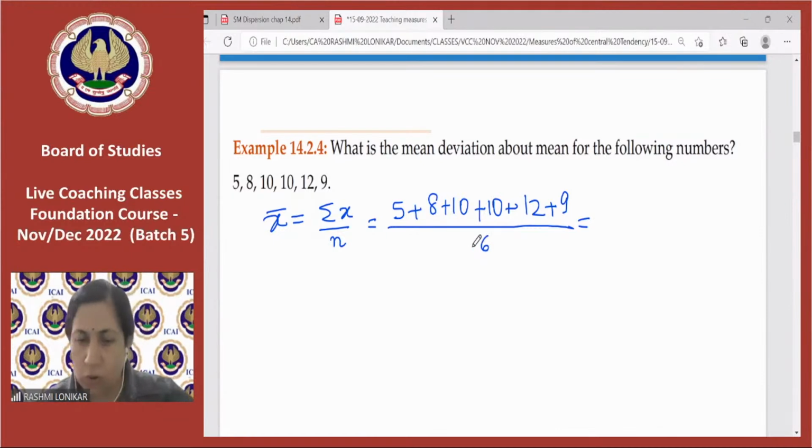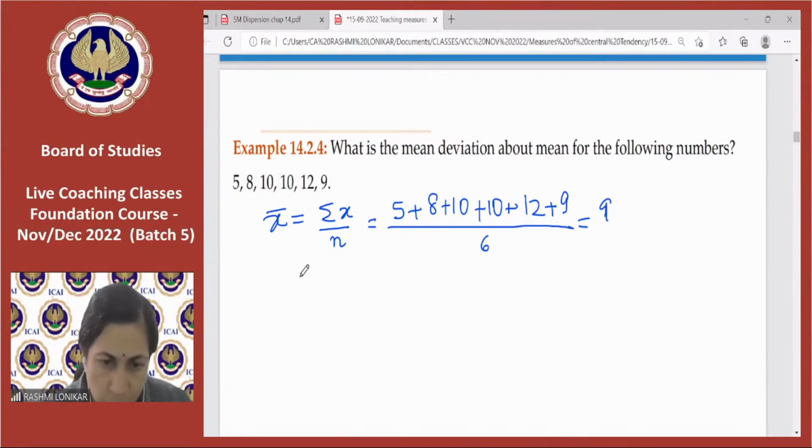Yes, very good. So everybody has got 9 as the answer. Let me check. 14 plus 20, 34. 13 plus 20, 33 plus 12 plus 9 divided by 6. Okay, yes. So we have got 9.